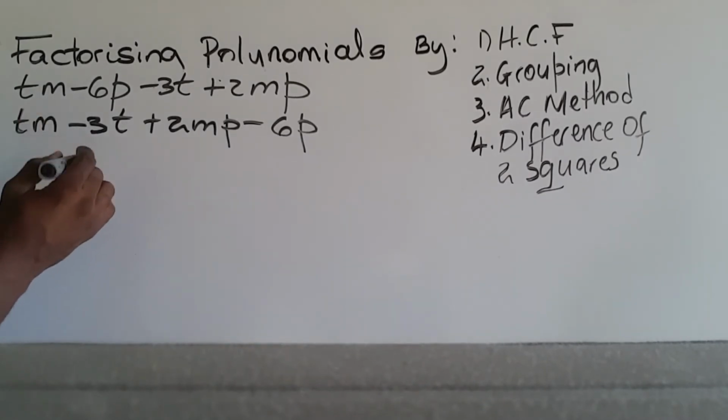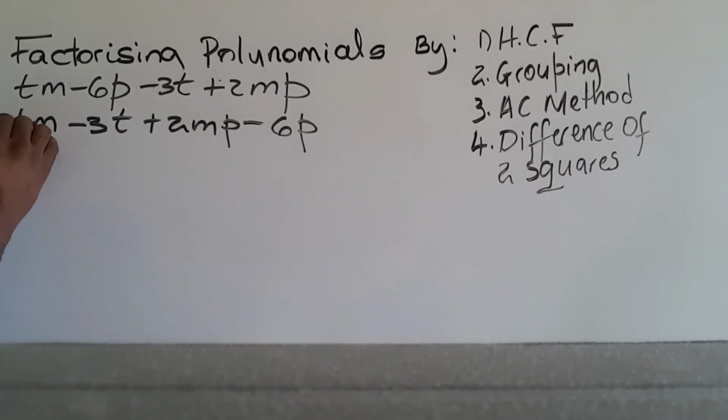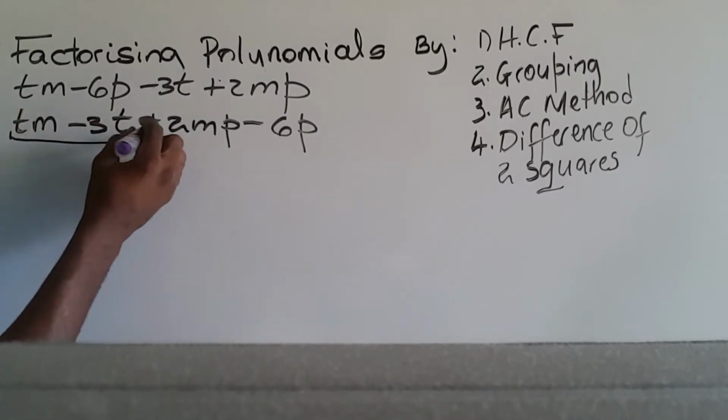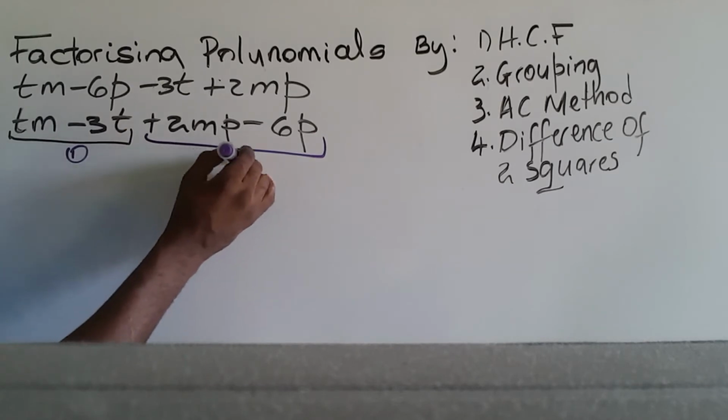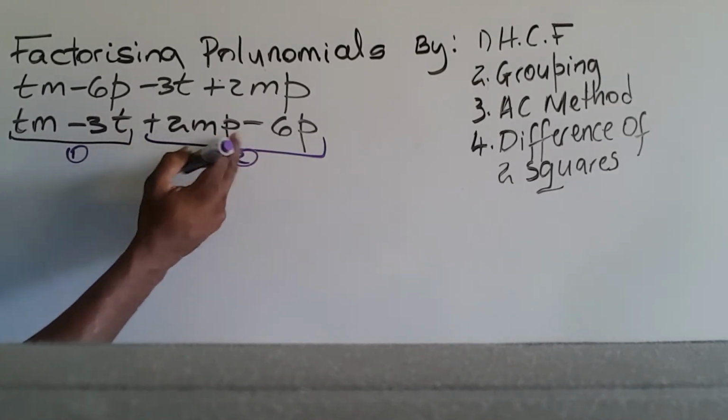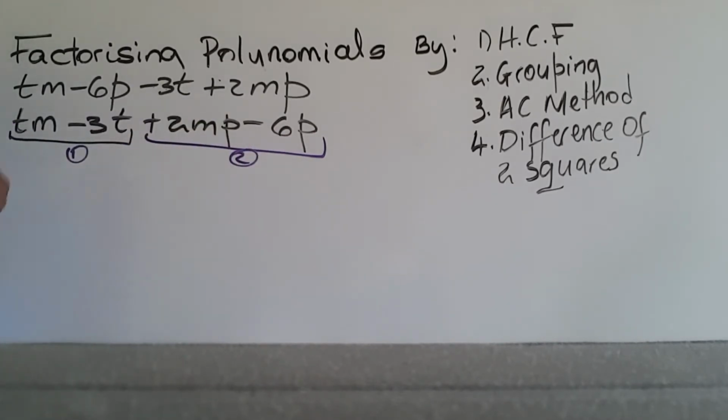When I do that, I realize that for this, I am seeing a t that could work. And then for these over here, I am seeing where a 2p could work. So the fact that I have things in common, then I am going to use them.